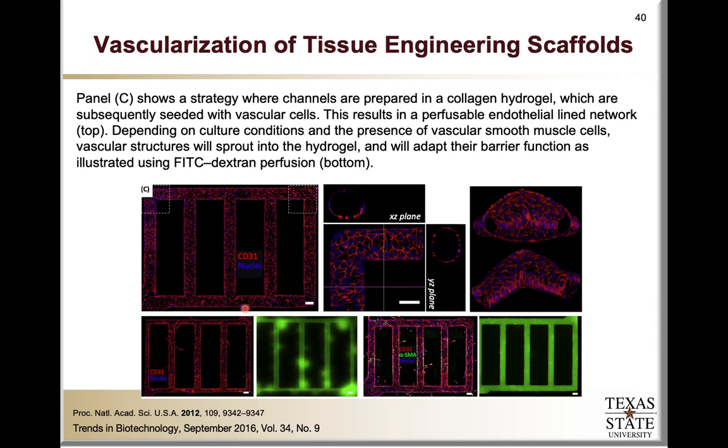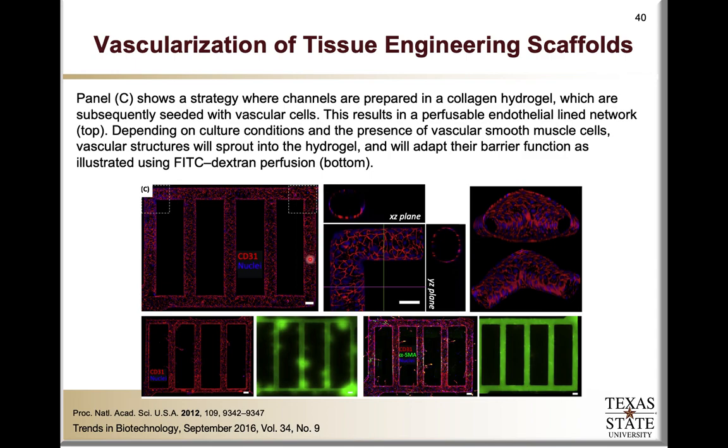And those channels were then seeded with vascular cells. This resulted basically in a perfusible endothelial lined network, which is what I'm showing here. So again, we have channels, and those channels were then perfused with vascular cells, which are the endothelial cells. And so now we have tubes that are formed, surrounded by those cells.